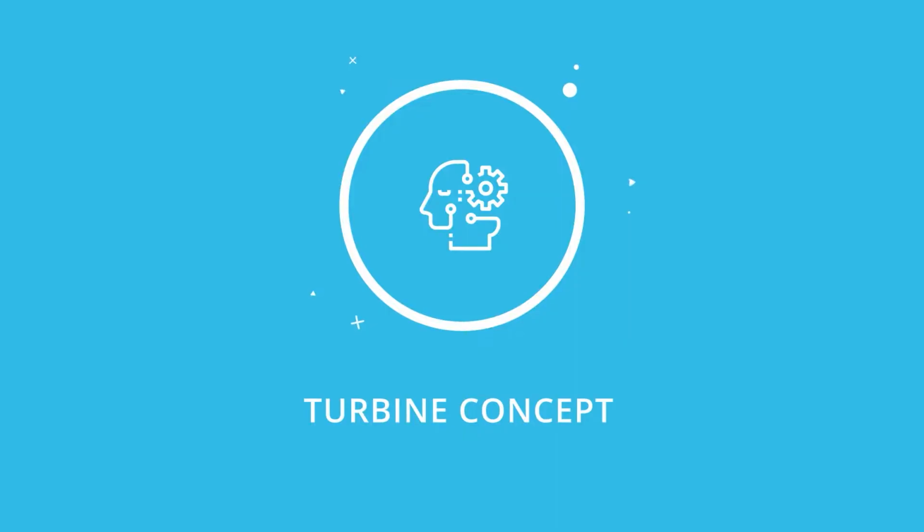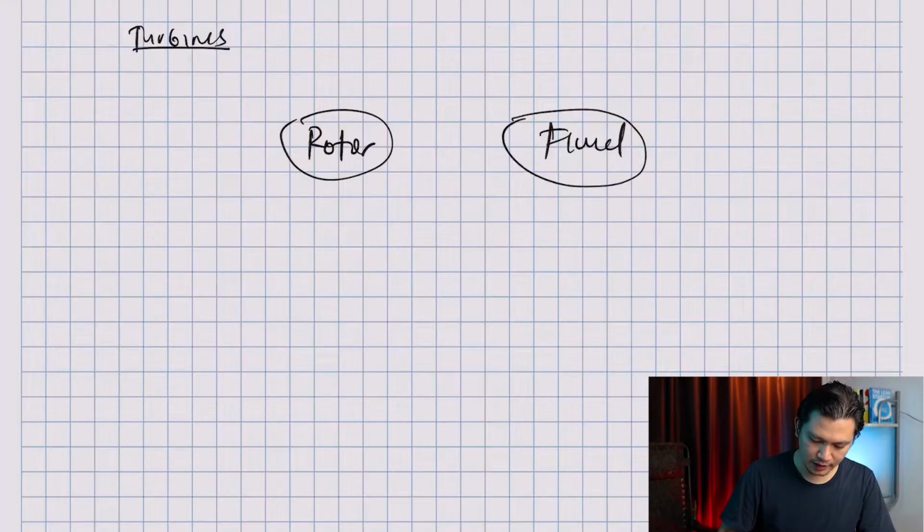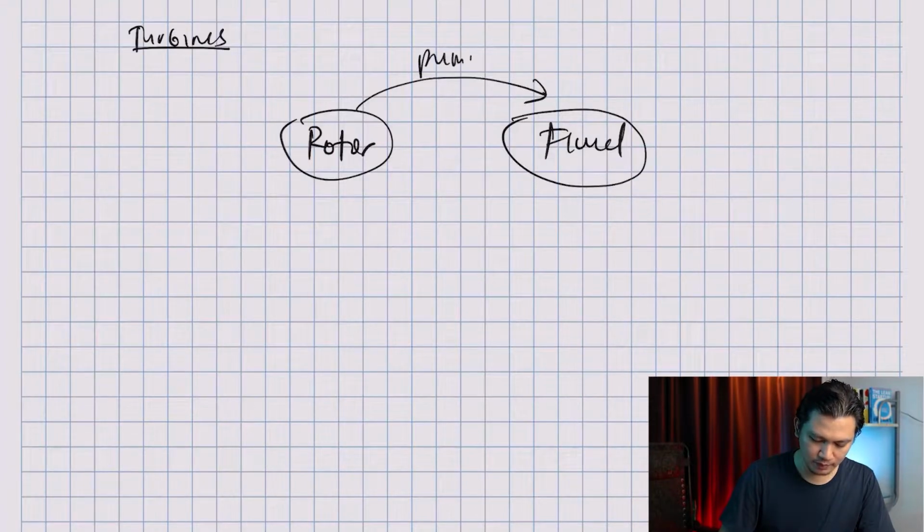And in the very beginning of this chapter, I've explained that turbo machinery is composed of two types of equipment: equipment that supplies energy to the fluid, and equipment that extracts energy from the fluid. So if you have a rotor and fluid here, and you have equipment that supplies the energy to the fluid, this is called a pump.